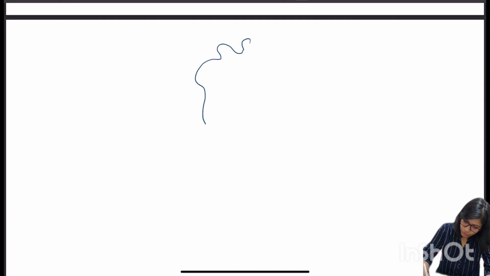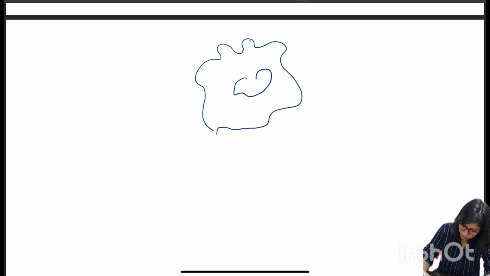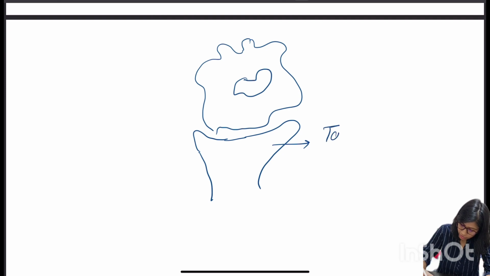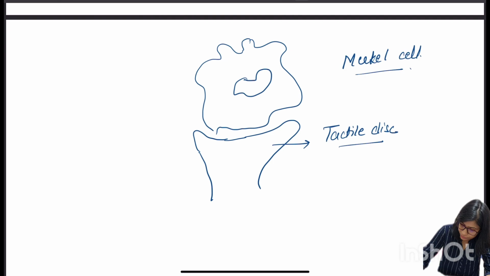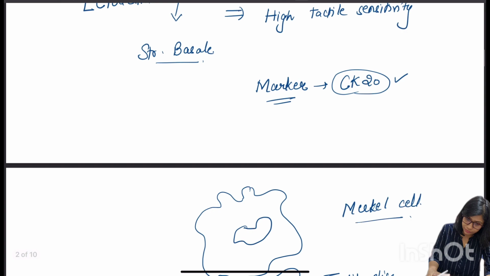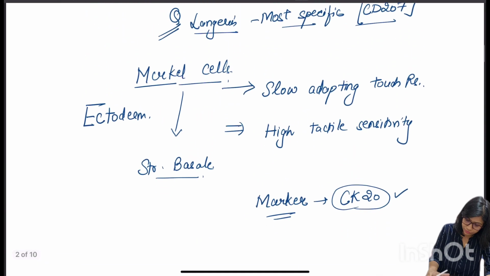So now, starting with the structure. Here we have the cell body, and this is the tactile disc for Merkel cell, right? I think we have covered all the markers, sites of origin.